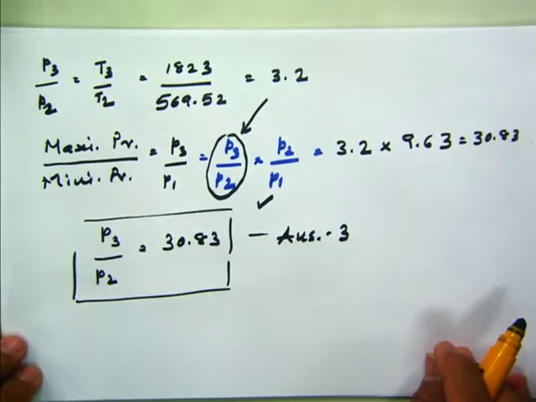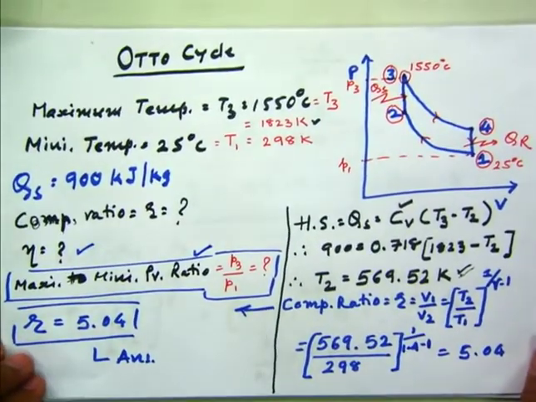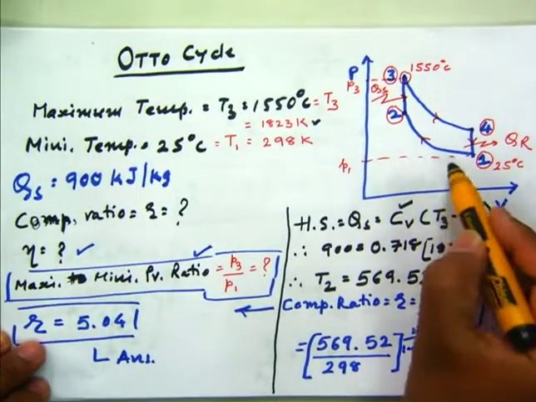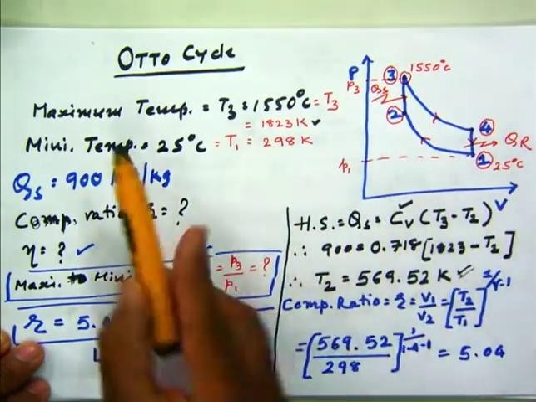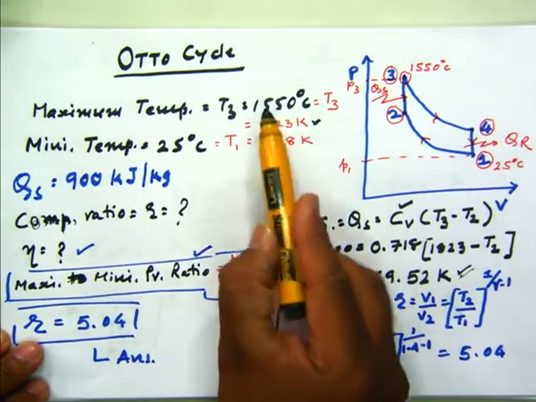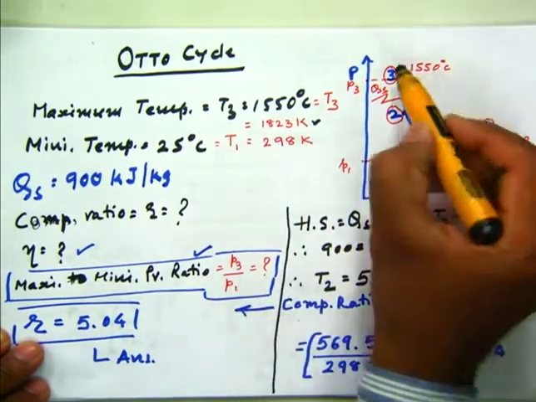So friends, once again I am repeating, it is the Otto cycle. This is the cycle diagram on PV plane. Maximum temperature is given 1550 degrees centigrade, that is 1823 Kelvin, at this point.